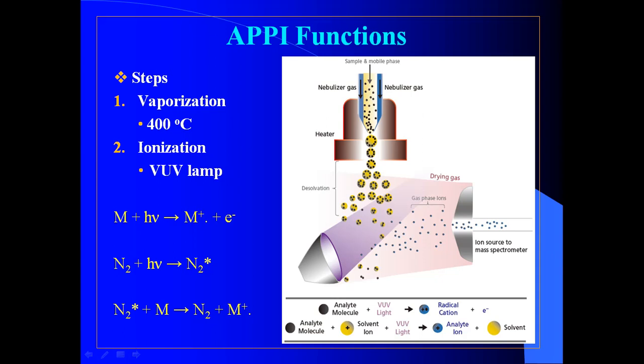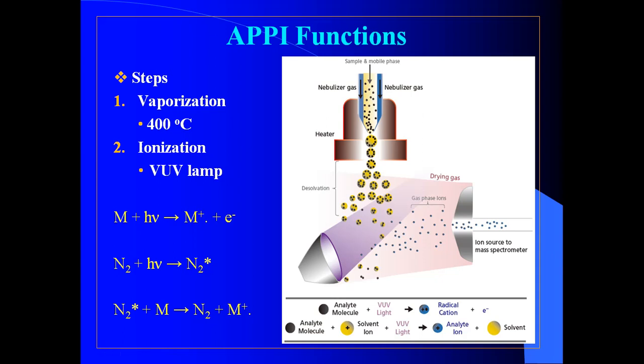An alternative reaction route may be taken if a carrier gas, such as nitrogen, is used. It strongly absorbs the vacuum UV radiation and becomes excited, and this excited gas reacts with the analyte molecule and converts it into cations.